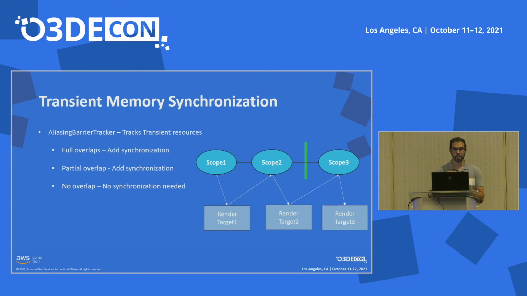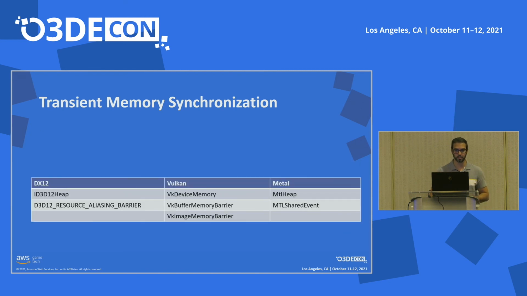So we essentially add a synchronization construct there. It's a fence in this case, or actually for DX12 it's an aliasing barrier. There's an actual resource barrier that's made for aliased memory. So if there's a full overlap, we add a synchronization construct. If there's a parallel overlap, we add a synchronization. And if there's actually no overlap, then we don't need to do anything. Then we don't need any fences or barriers.